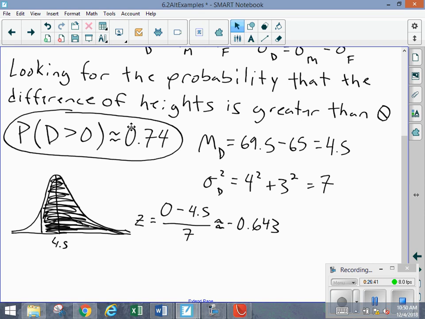Usually the answer comes at the end, but for some reason when we do these, it's embedded. Alright, so that is it. I think that covers every type of example of what you might see from a concept in 6.2, where we're dealing with transforming random variables.